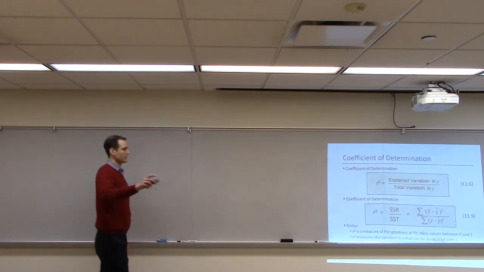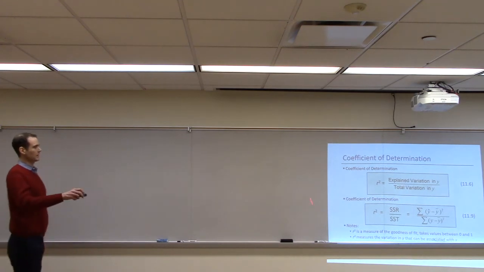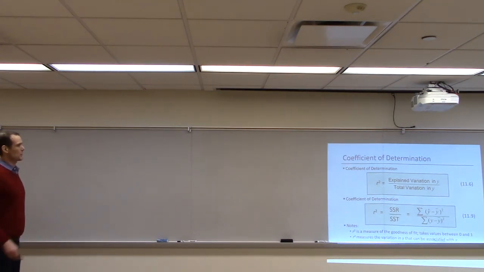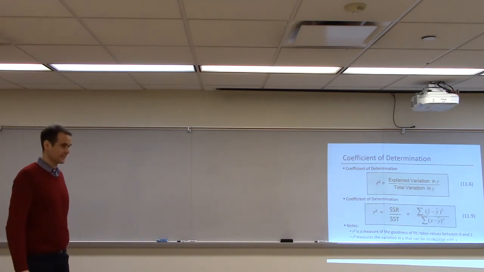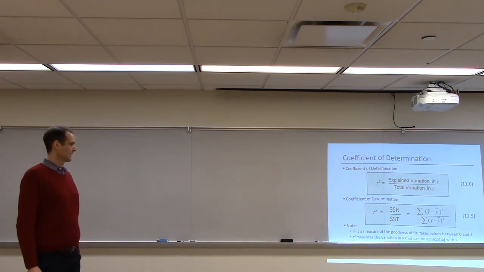First one, all right, what's the first performance measure? Somebody just reiterate what this first performance measure is. Coefficient of determination. What does that tell us? Tell us what you just described earlier, and what the SSR means and SST means.